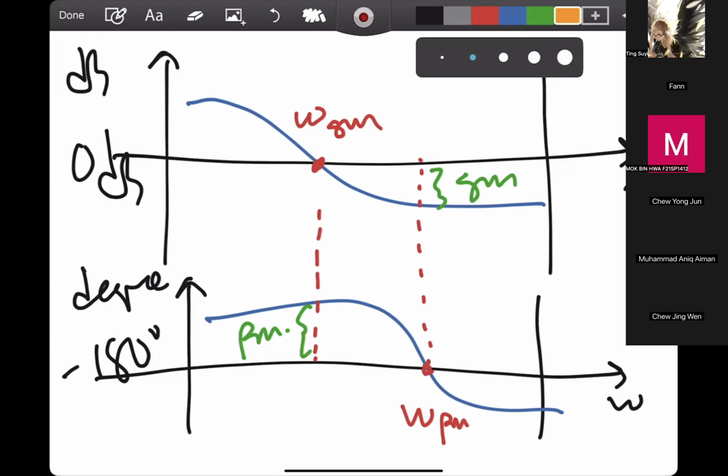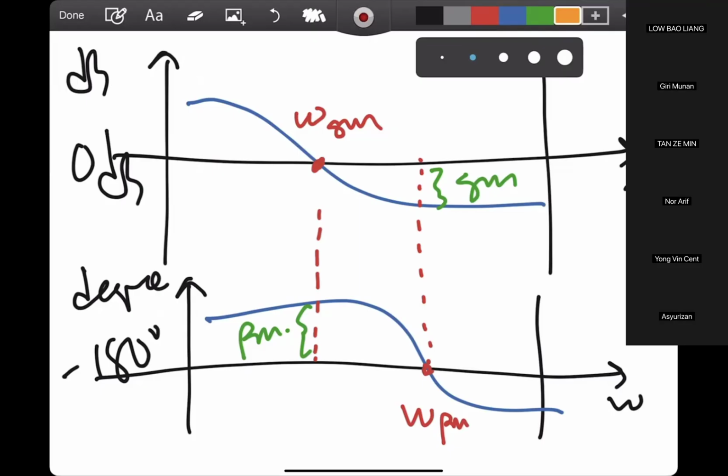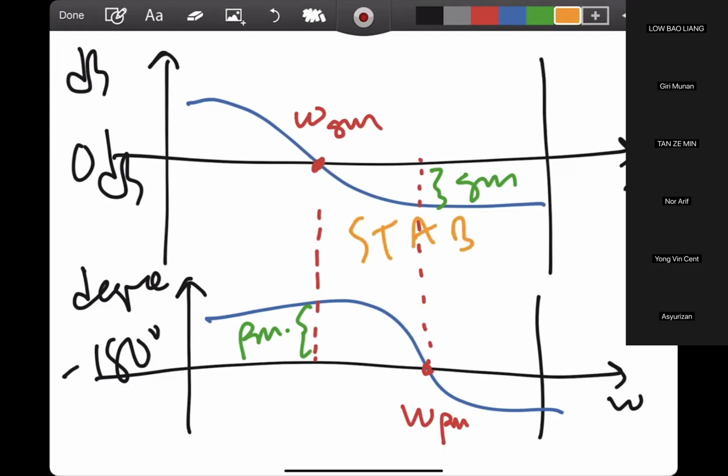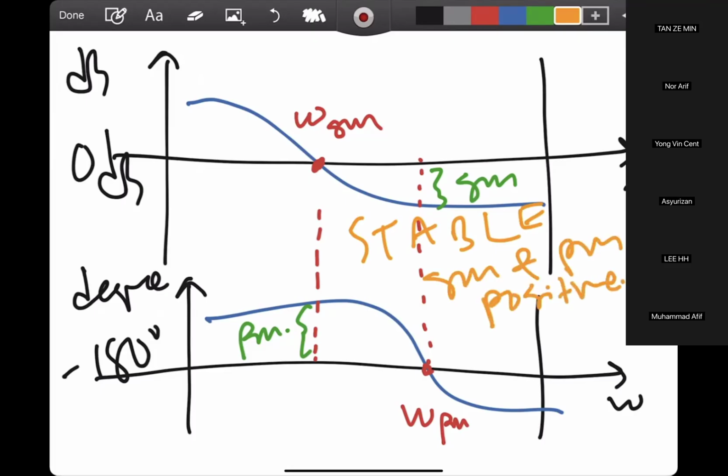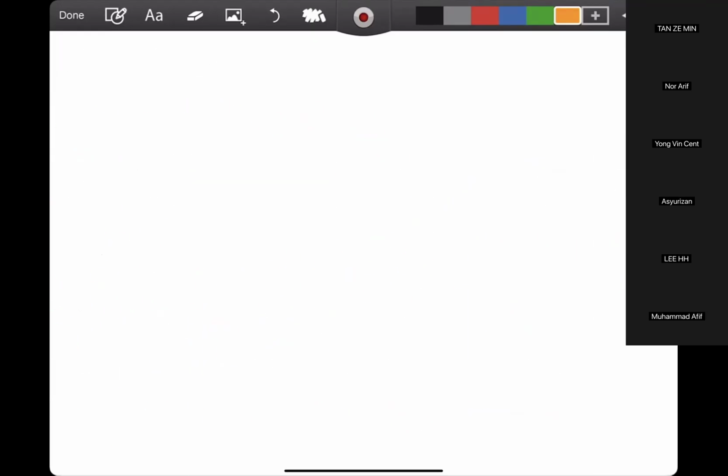Same question. Stable. System stable. Gain margin and phase margin positive. Okay. One more drawing.